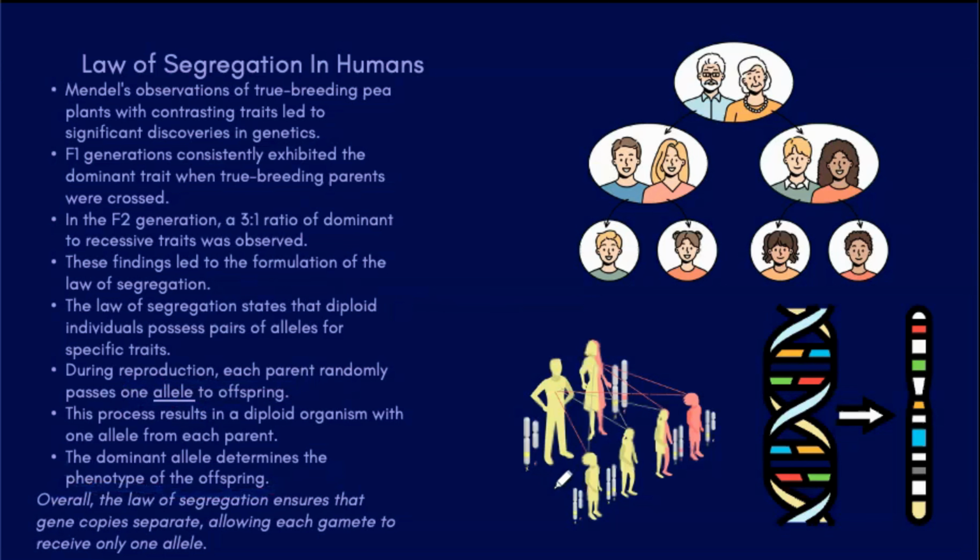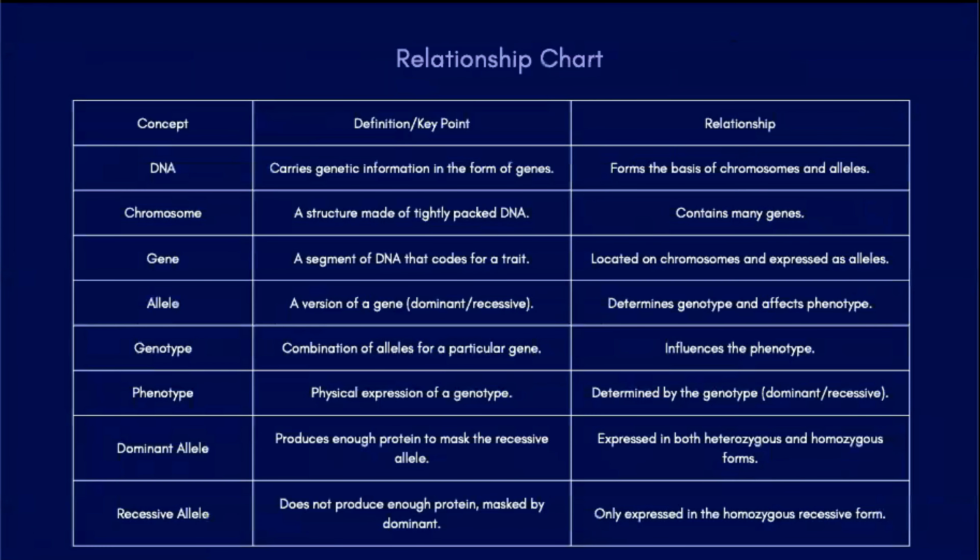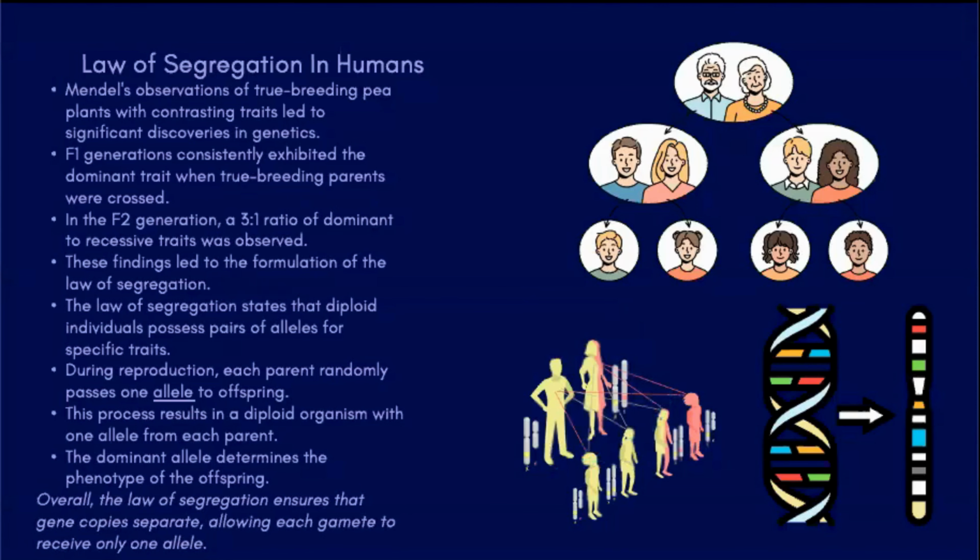So overall, the law of segregation ensures that gene copies are separate and allows for each gamete to only receive one specific allele from each specific parent. So our parents basically provide to us a copy of one of their genes, and those genes are then passed on to us.